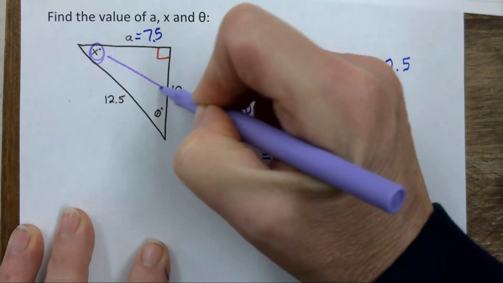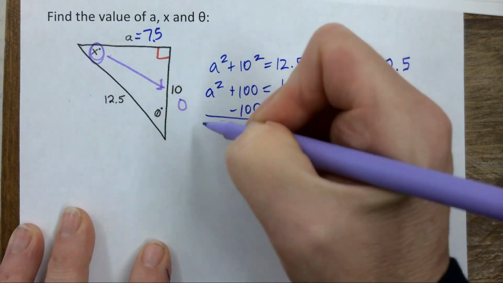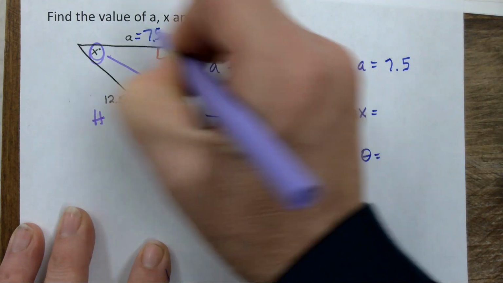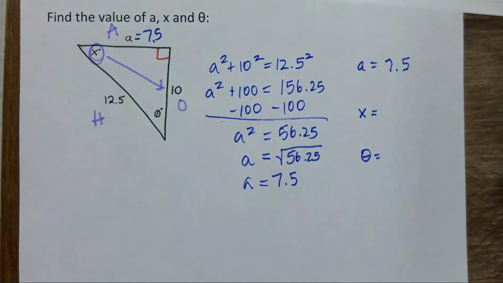I'll go and label the opposite. Across from the right angle is the hypotenuse. The remaining one is the adjacent. I have all the sides filled. That means I can use the trig function of my choice. If you had to pick a favorite, would it be sine, cosine, or tangent?